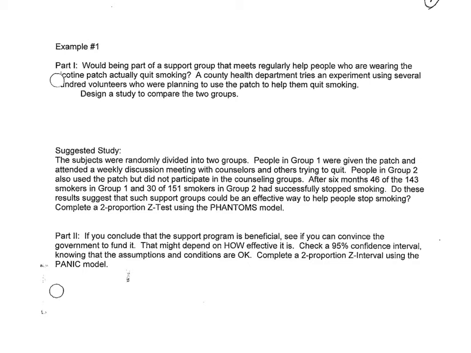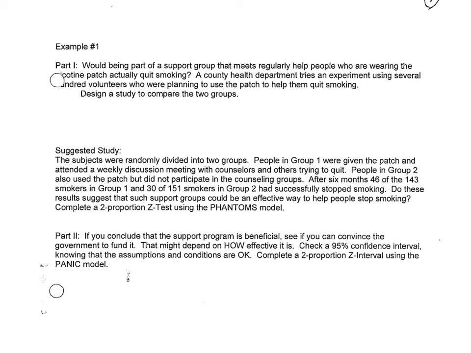Would being part of a support group that meets regularly help people who are wearing the nicotine patch actually quit smoking? A county health department tries an experiment using several hundred volunteers who were planning to use the patch to help them quit smoking. So you have all these people. They were already planning on it, so they were motivated to quit smoking, and they were also planning on using the nicotine patch.